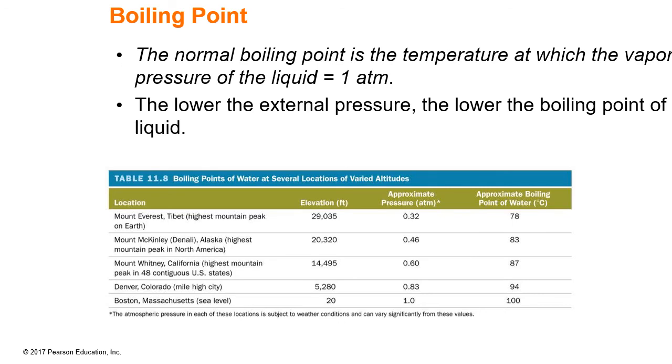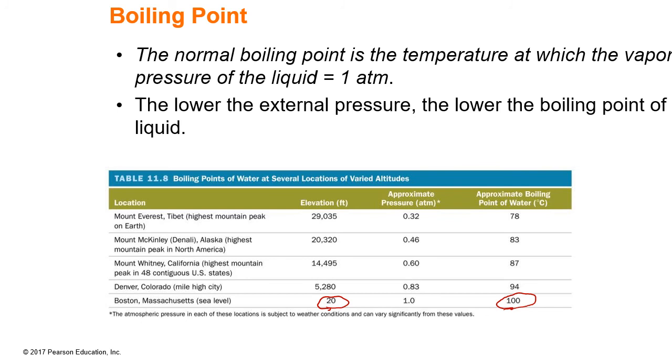Now this has some interesting consequences, because if we have a lower external pressure, that means it's going to lower the boiling point of the liquid. So if we look at different elevations throughout the world, our boiling point changes. Say we're in Boston, which has an elevation of 20 feet. It is nearly at sea level. The approximate boiling point of our water is 100 degrees Celsius because atmospheric pressure is 1 atmosphere.